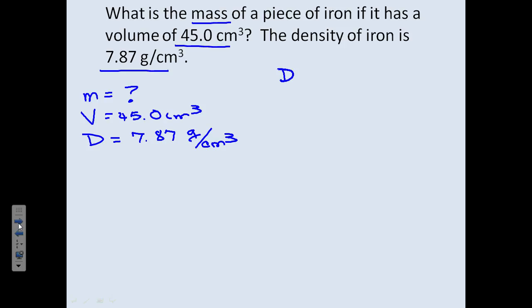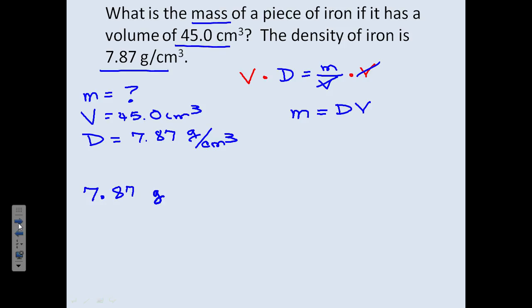So density equals mass over volume. I want mass all by itself. I'm going to multiply both sides by volume. So mass is by itself. I like my variable that's by itself to be on my left side, and I like to say density times volume.